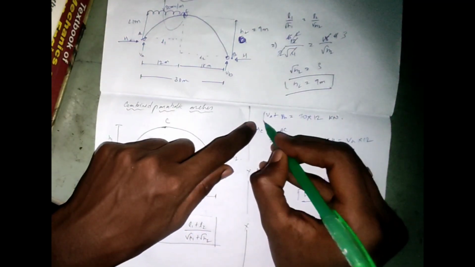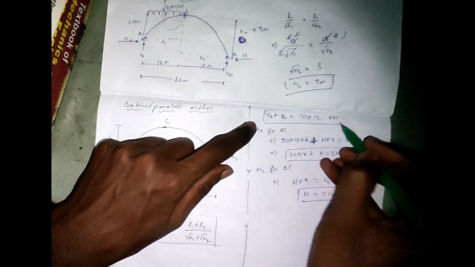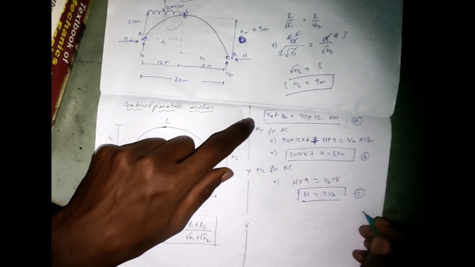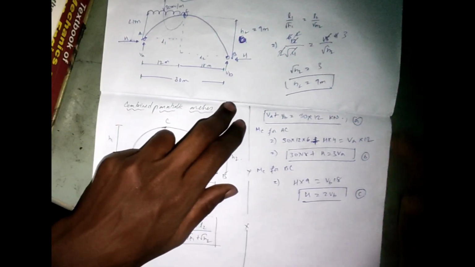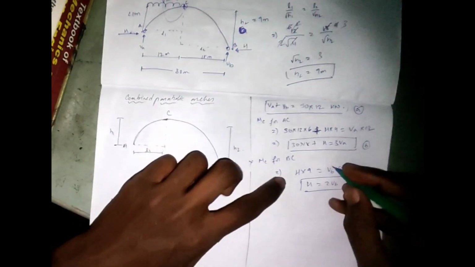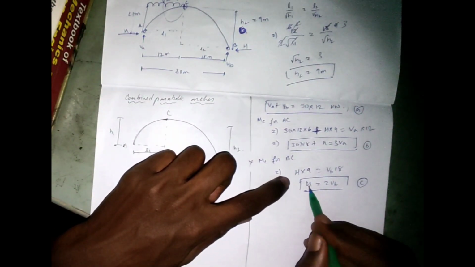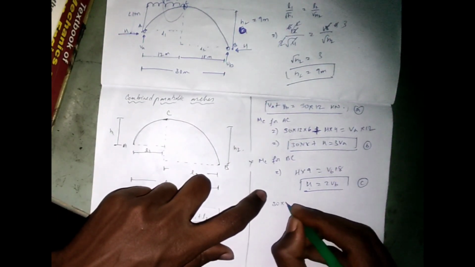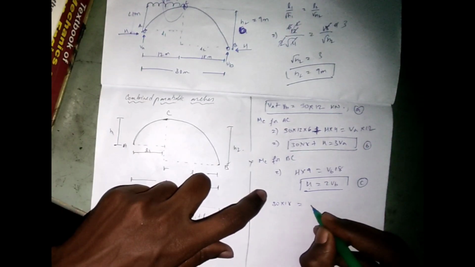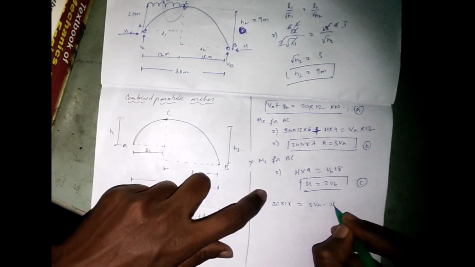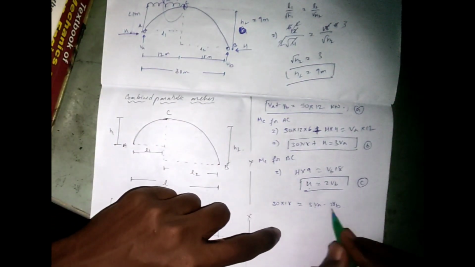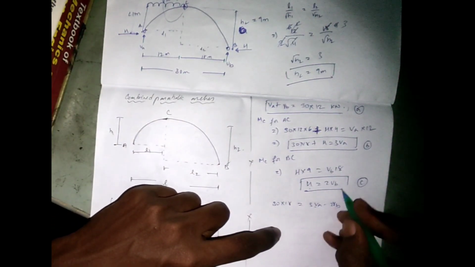From these three equations, from B and C, we get 30 into 18 is equal to 3 VA minus 2 VB. So we have VA plus VB equals 360 and 3 VA minus 2 VB.